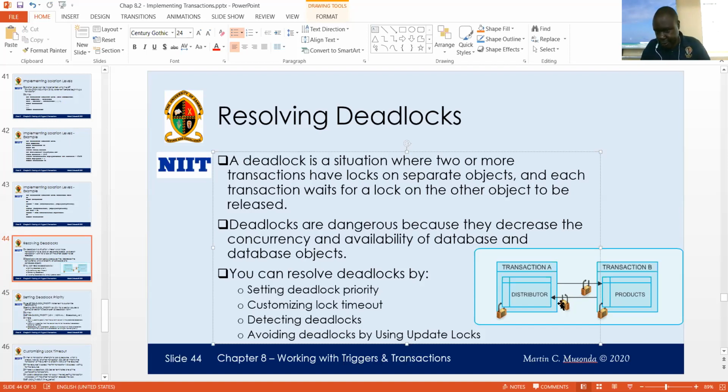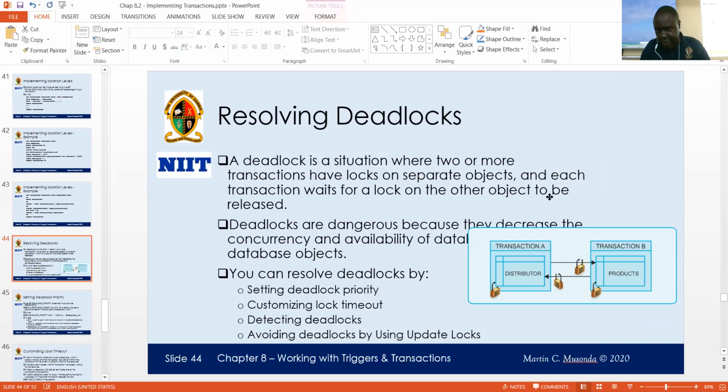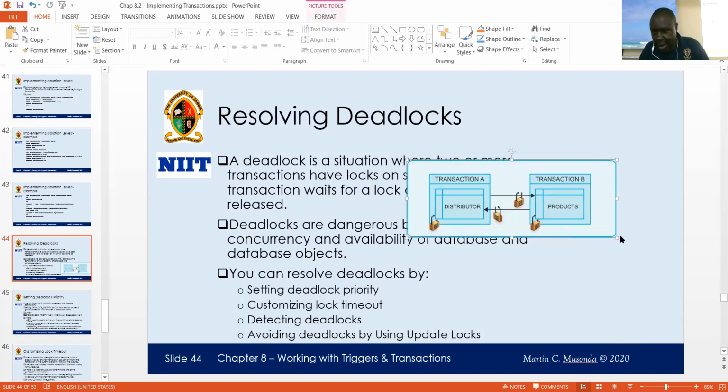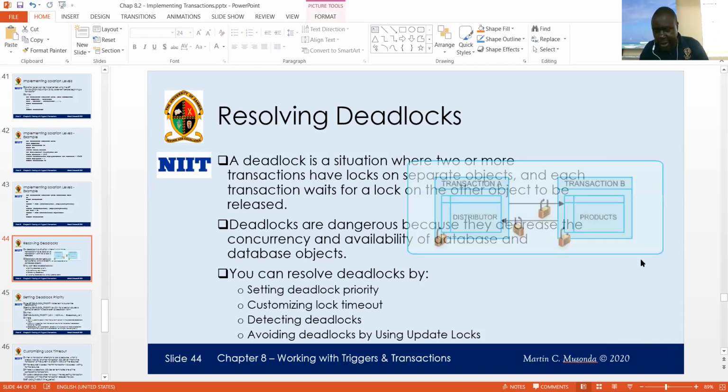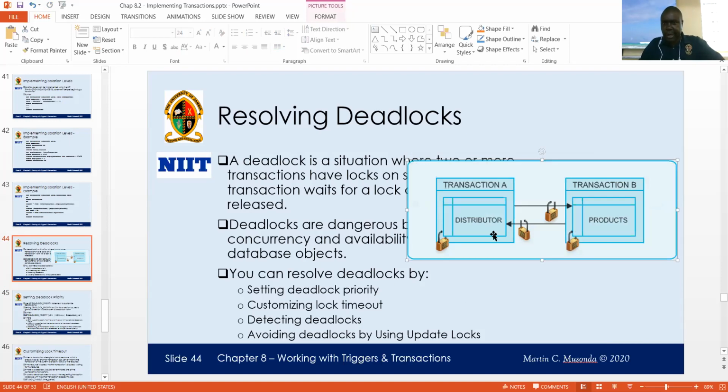I don't know if you can see this illustration. What it is, transaction A has placed a lock on the distributor table, and transaction B has placed a lock on products.